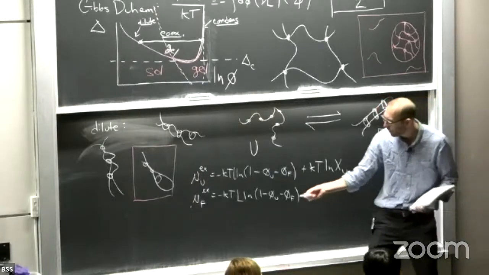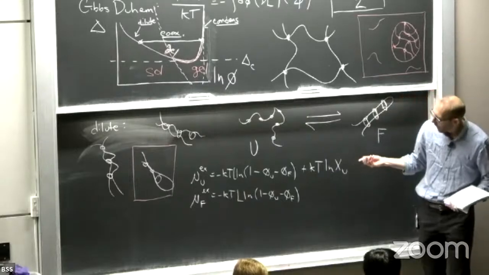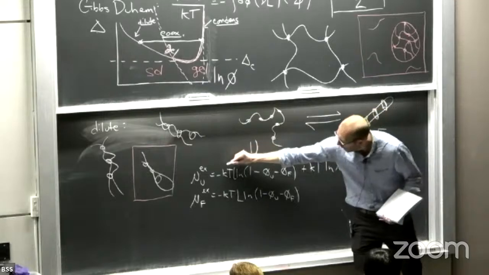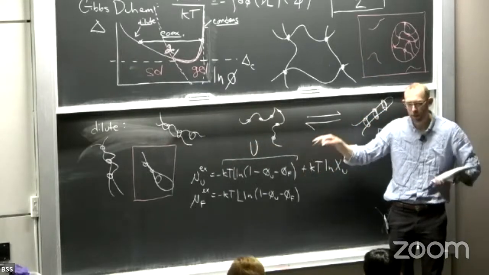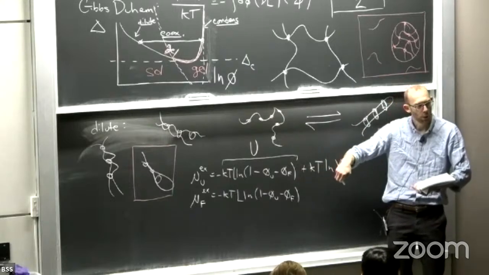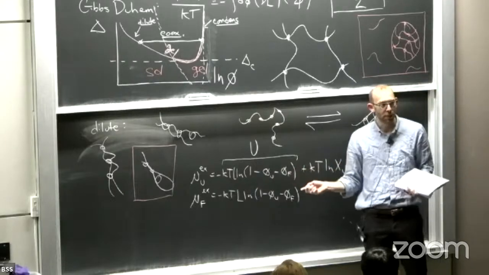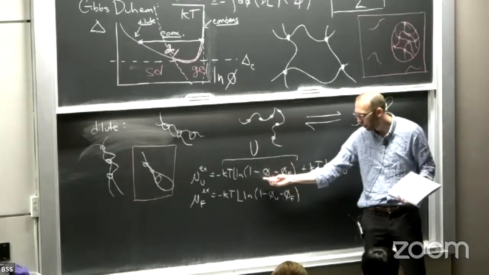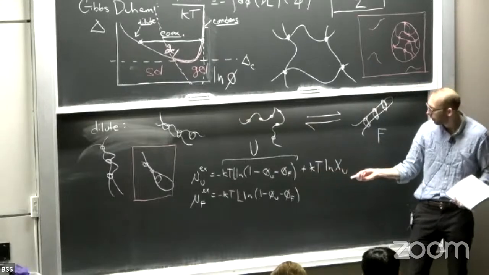So we have two different species now, folded and unfolded. This part here is, again, our not allowing things to overlap. When you try to insert a new polymer chain, it doesn't matter whether the things you potentially overlap with are in the folded state or unfolded state. So we just have 1 minus the sum of these volume fractions here.